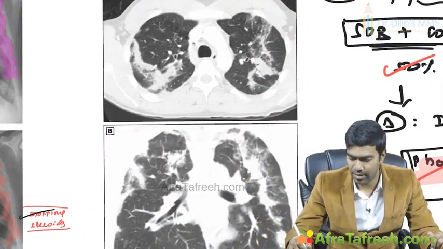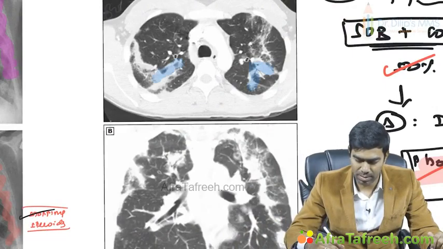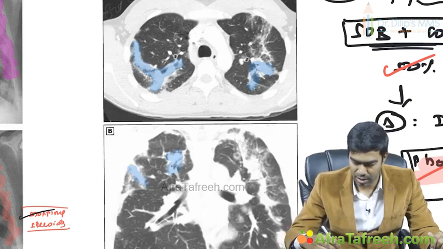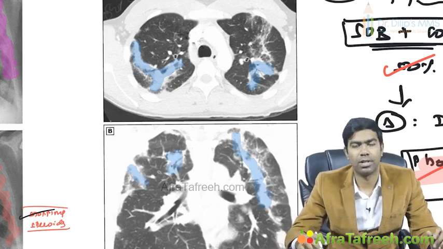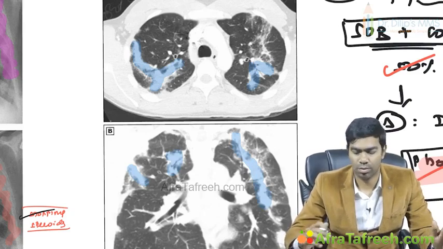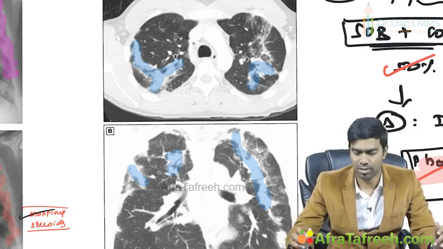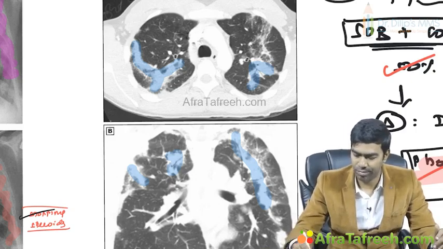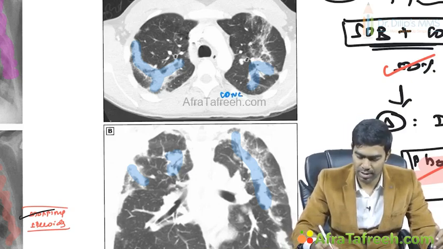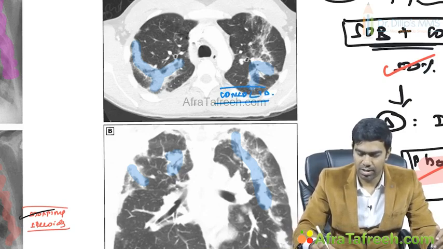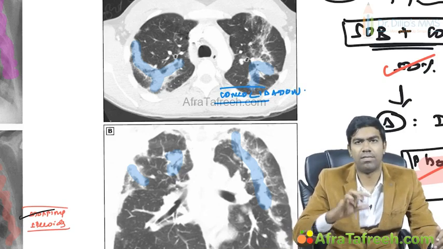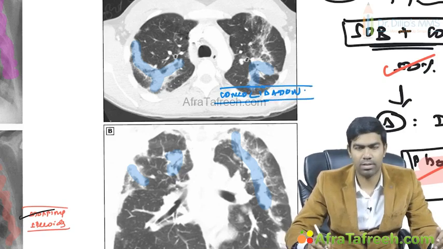When you see the CT, what you are seeing is nothing but these kinds of opacities. Anyone who has attended my first overview of ILD lecture should be able to tell what this is. This is nothing but a consolidation, because what you are seeing here are fluffy airspace opacities causing complete displacement of air from the alveoli and resulting in filling of the alveoli with some other substance.